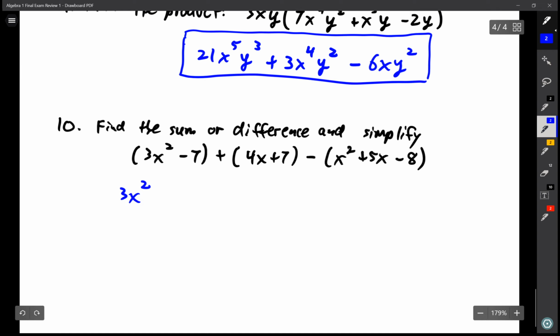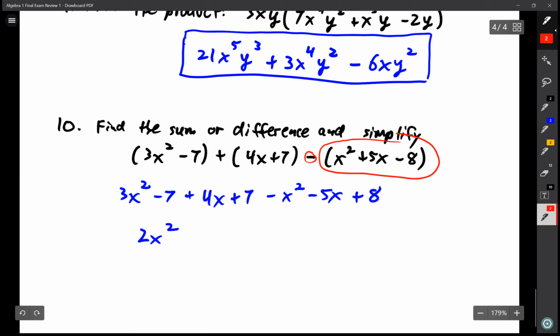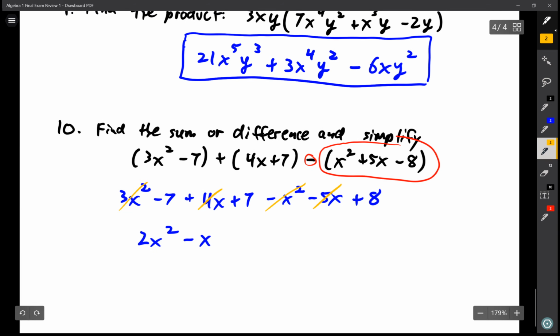It could be good to keep track of what you've used. And then, so we're doing the x's first. So I have a plus 4x minus 5x. 4 minus 5 is negative 1. So that gives me a minus x, technically minus 1x, but we just write it as minus x. So I used that and that. And I have negative 7 plus 7, that's 0. Plus 8 gives me plus 8. And that is my final answer.